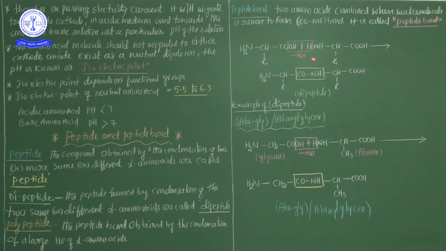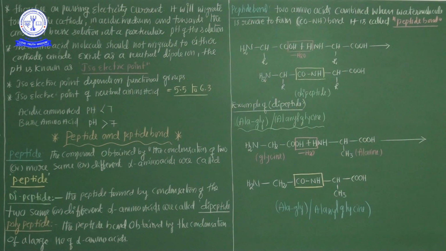Don't get confused: peptide means two or more same or different amino acids connected together, while the peptide bond is the CONH bond formed after water molecule elimination.